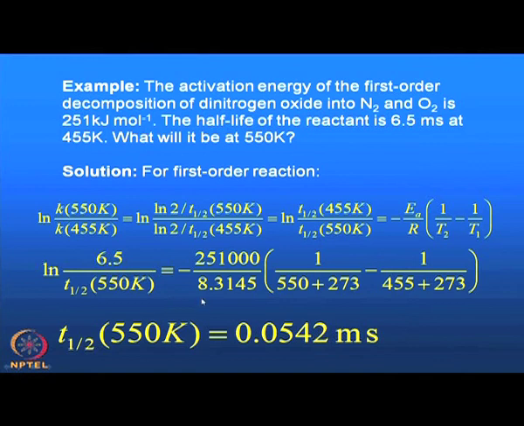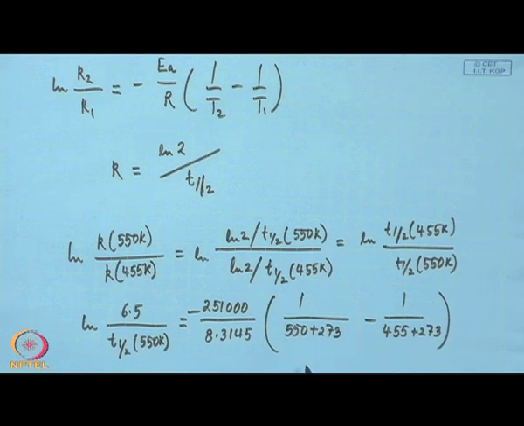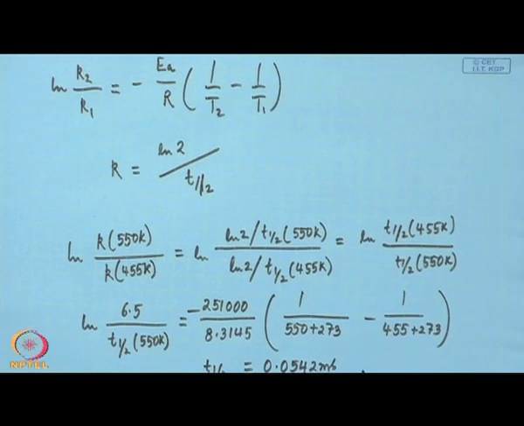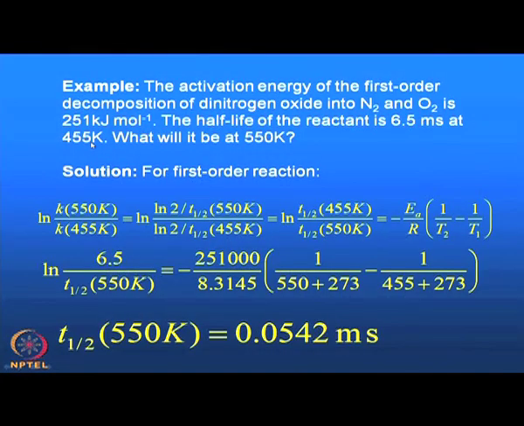It is a typographical mistake. So, if you do this calculation, then T half is coming out to be equal to 0.0542 millisecond.